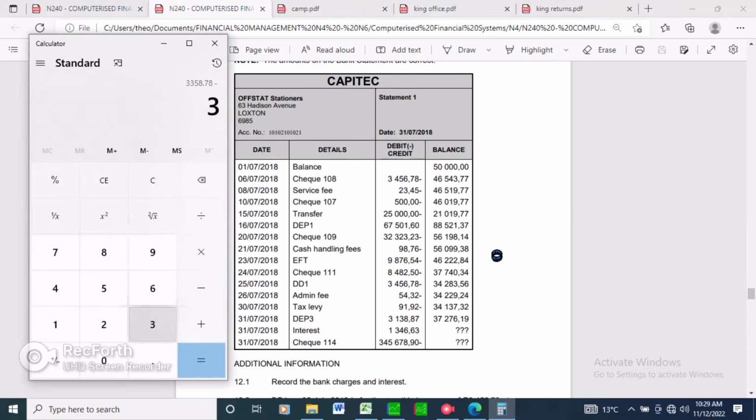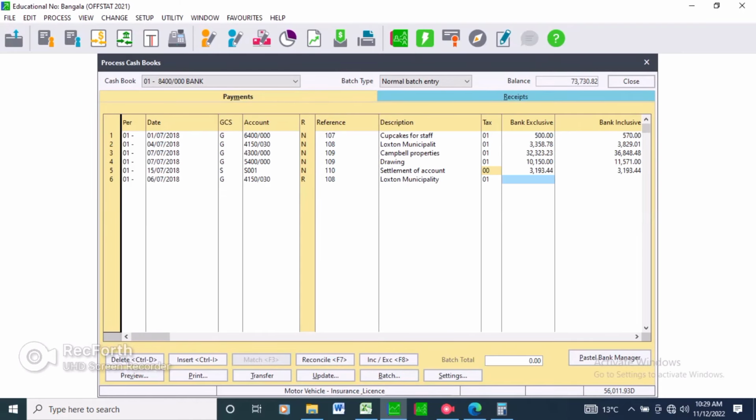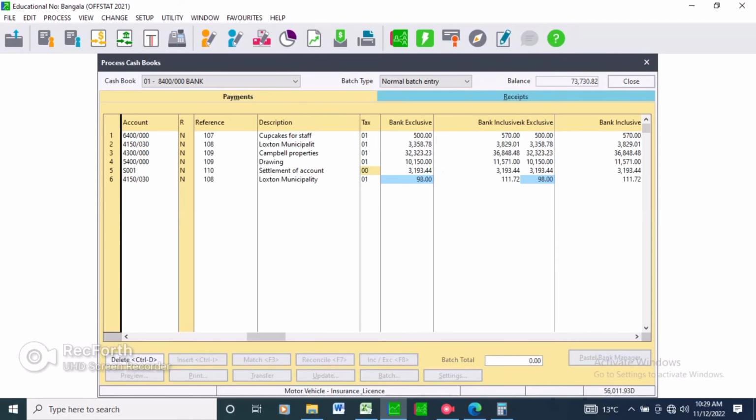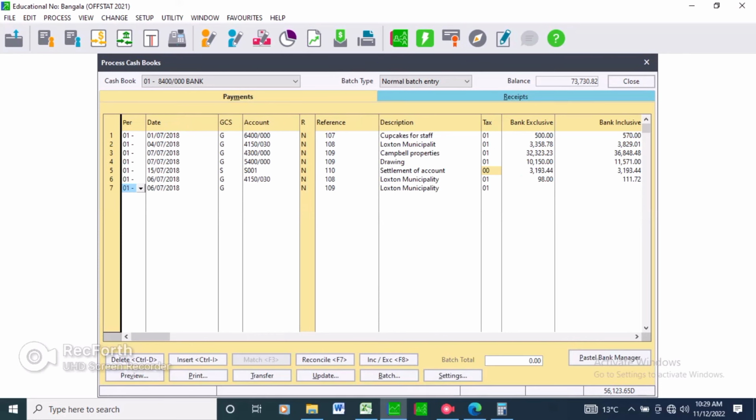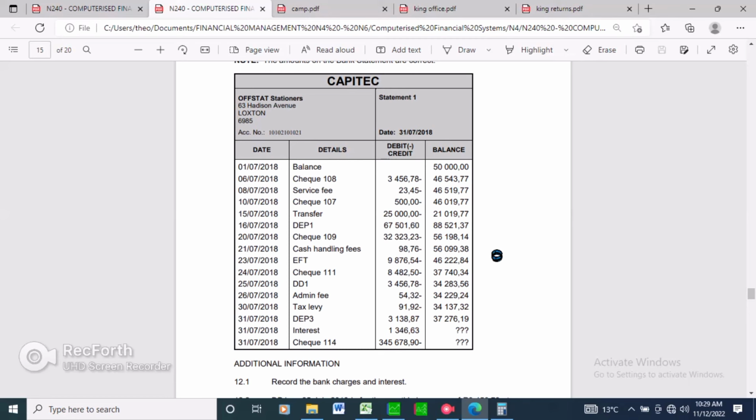Service fee. Okay, the reference. Okay, cool. Service fee is fine. There's no reference, guys. Of what? 23 rand. 23.45 cents, guys.